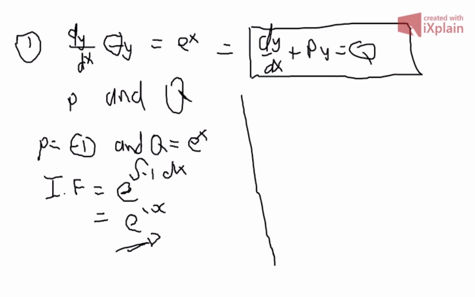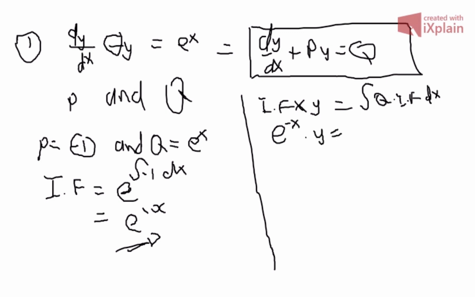So we need to say integrating factor multiplied by y is equal to integral of q multiplied by integrating factor dx, right? So the integrating factor is e to the power -x, multiplied by y is equal to q, which is e to the power x, multiplied by the integrating factor dx.